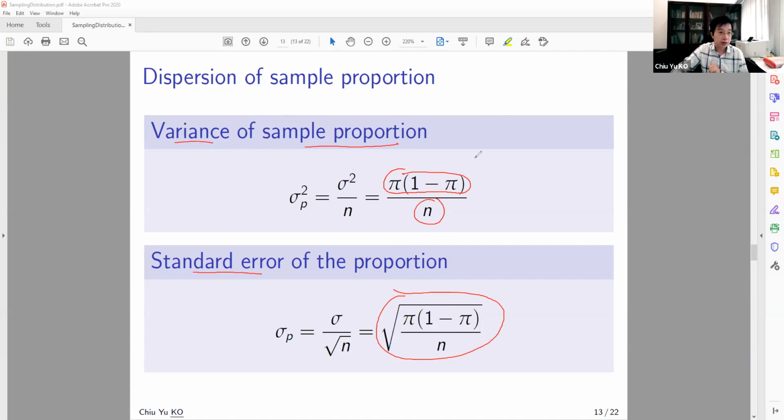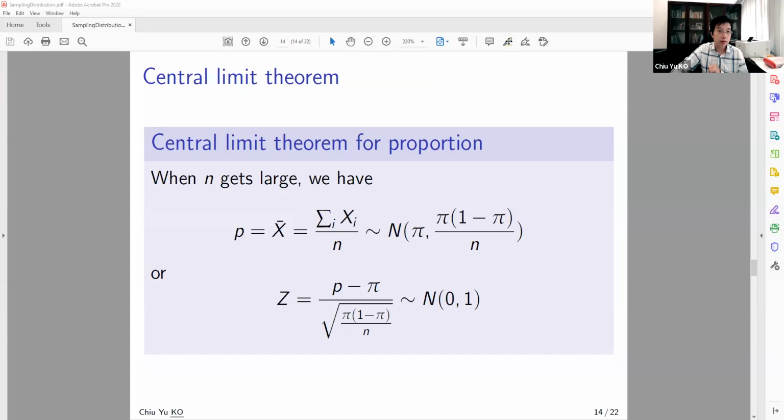It is because when the central limit theorem applies, we have pi, and the variance also depends on pi.